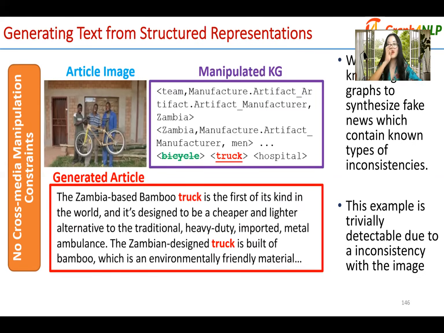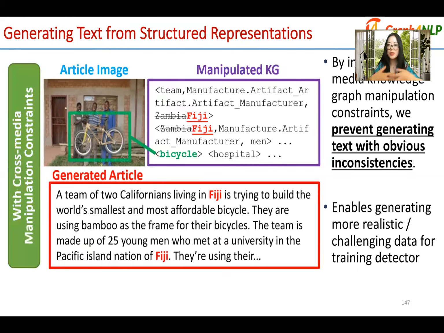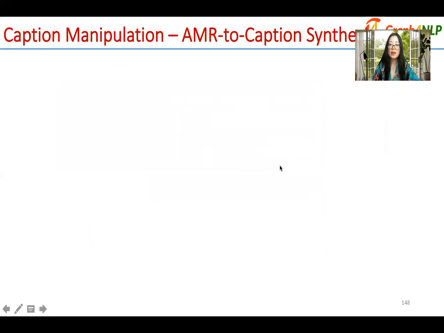We apply a cross-media grounding system to remove those entities from our candidate list. And then for other entities such as Zambia, which is not grounded in the image, we replace Zambia with another country name, Fiji, which is semantically similar to Zambia. And then we use graph-to-text generation to generate a new article.